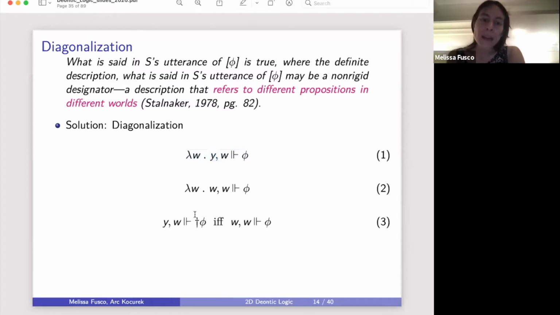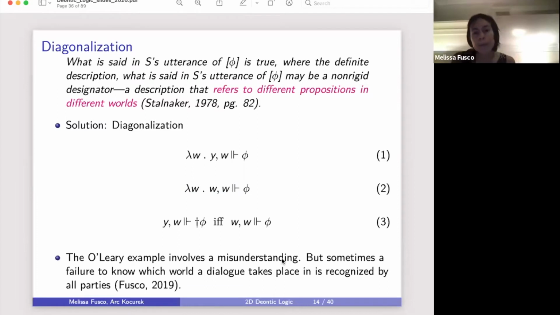But if you diagonalize, then you reduce the arity of that expression. So you would get a proposition that you could calculate at every world, say in your context set when you're exchanging information. So that's diagonalization. He glosses it as a kind of interpretive strategy for situations where context dependence is unresolved because of uncertainty.